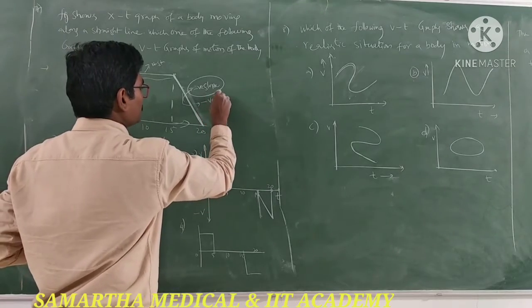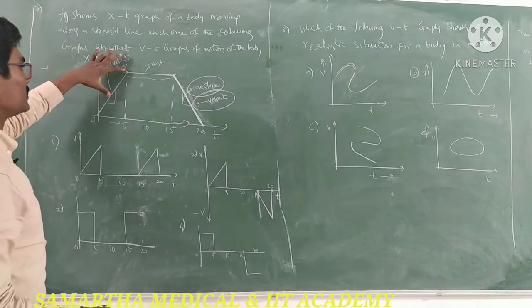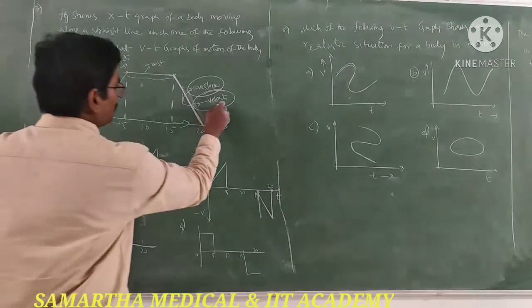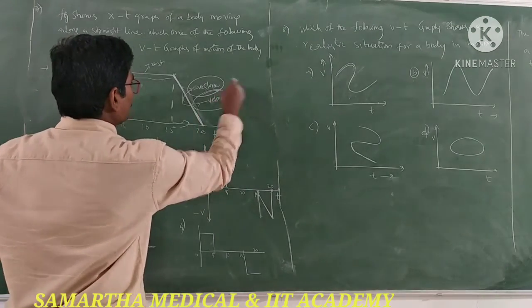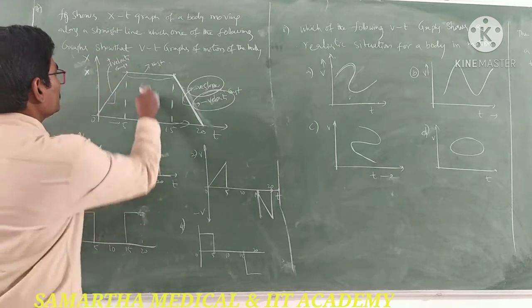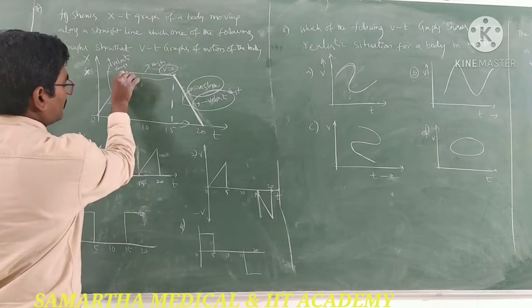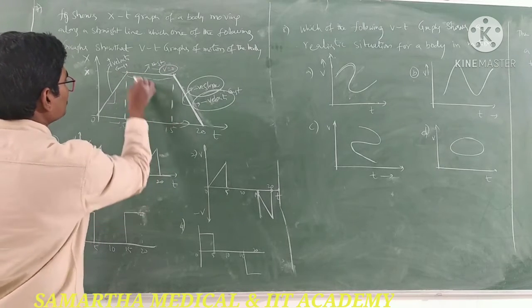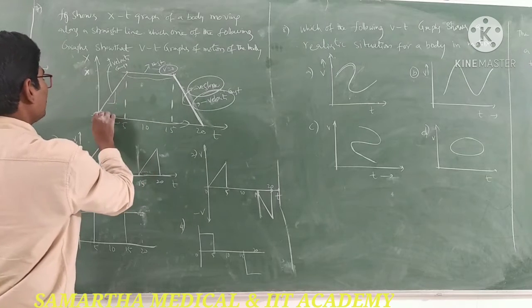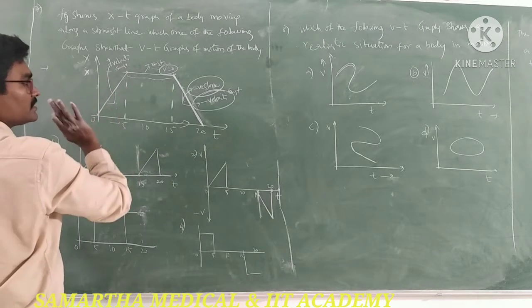Now observe where the velocity is positive and constant. It is also constant velocity. See here, there is positive constant velocity. Rest means velocity is 0, from 5 to 15 seconds. But from 0 to 5 seconds, positive constant velocity of the same value is there.